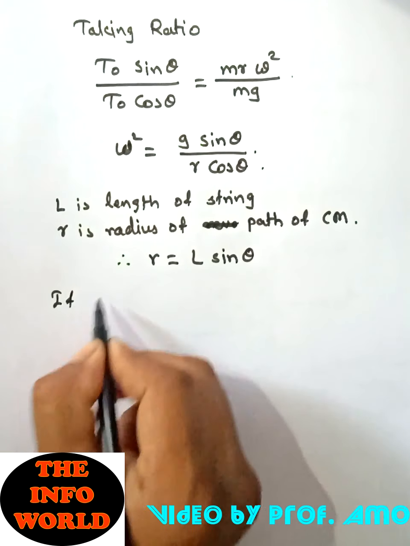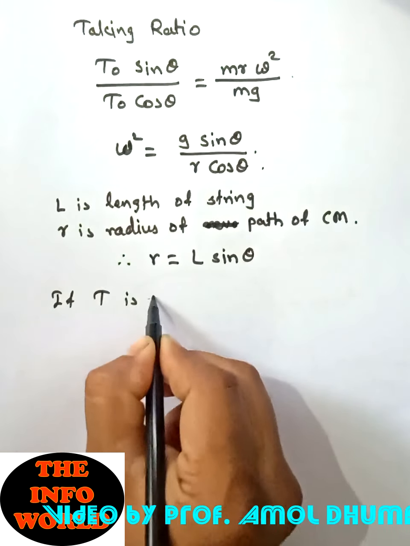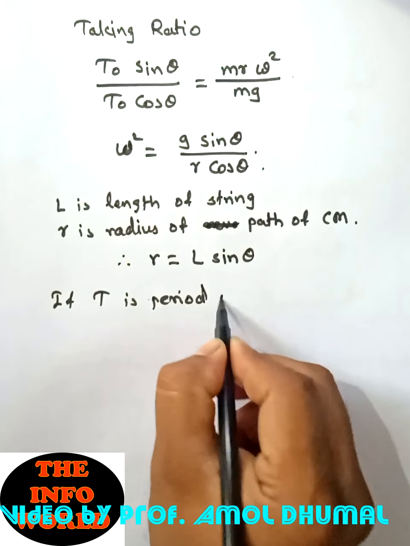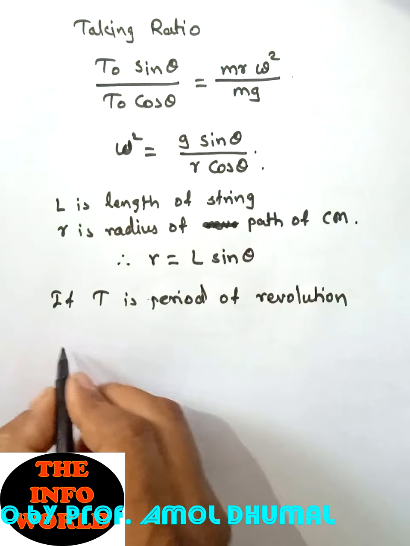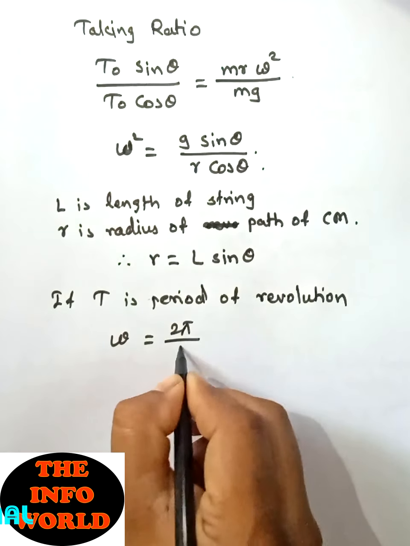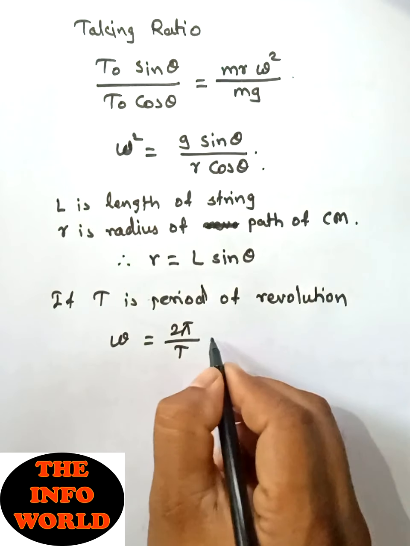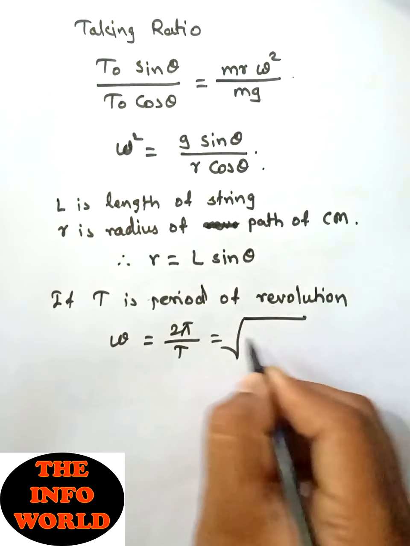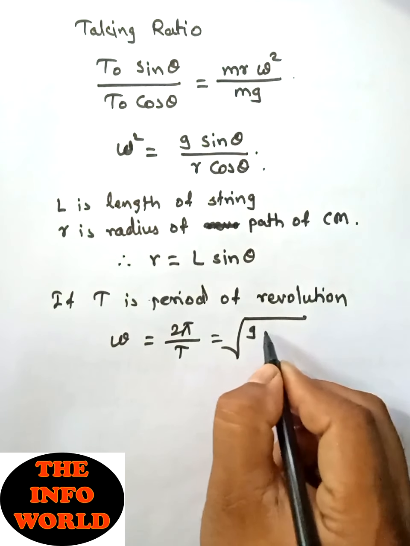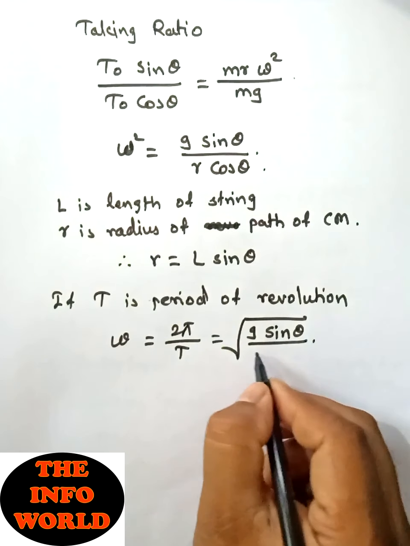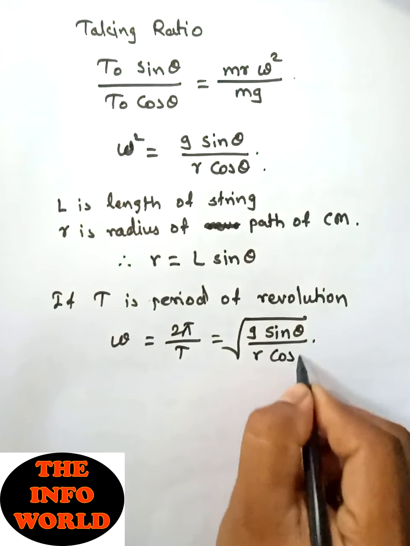If T is the period of revolution, then omega is equal to 2 pi by T, which is equal to under root g sin theta upon r cos theta.